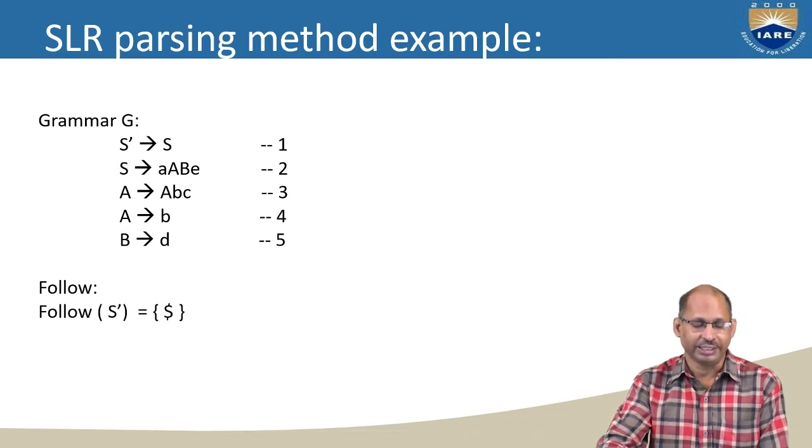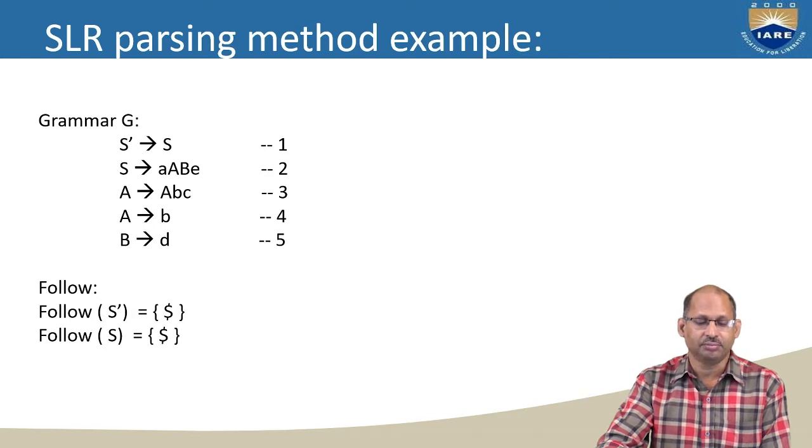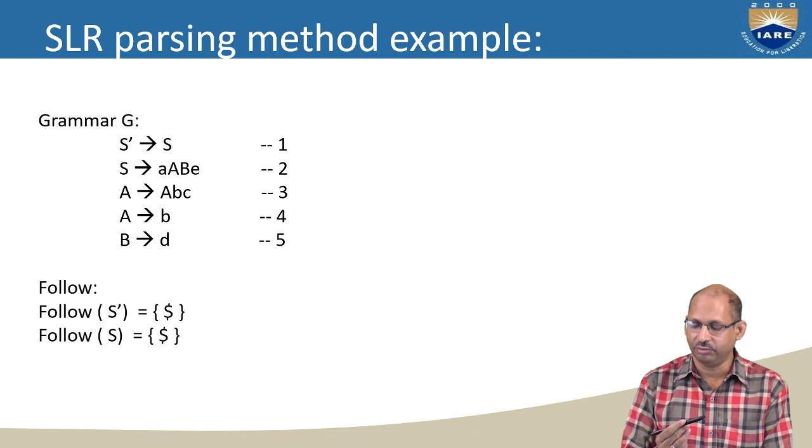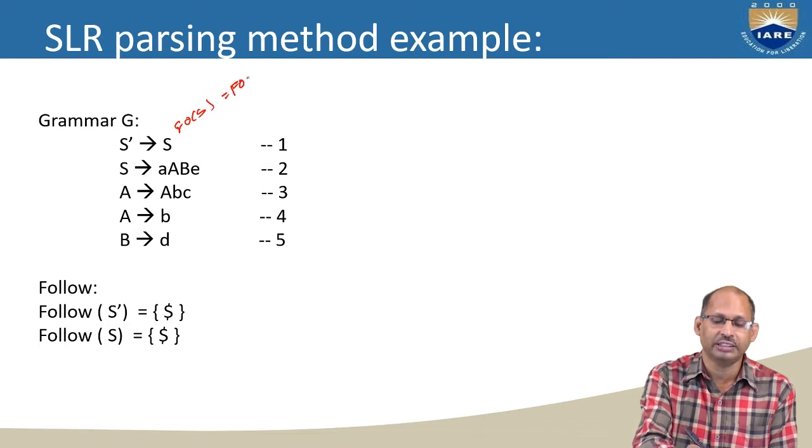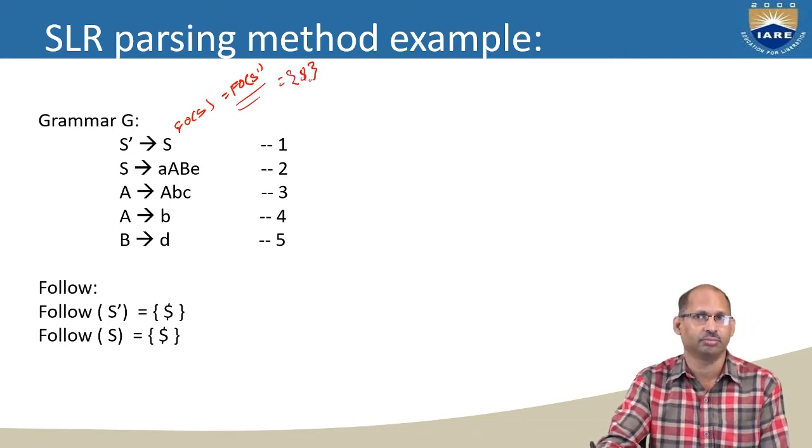So follow of S' is the $ sign, because S' is the starting variable. Then follow of S equals follow of S', from production 1, which gives simply the $ sign.